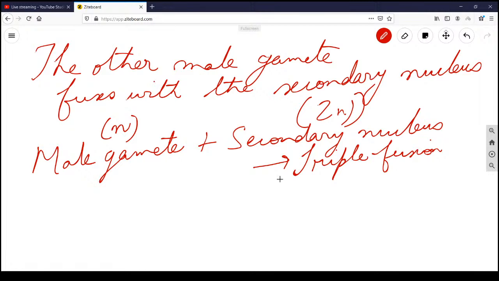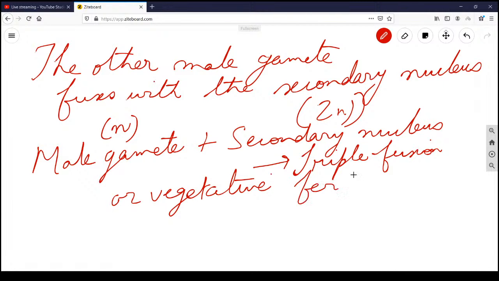Also, it is known as vegetative fertilization, because it doesn't produce a functional zygote. This forms a triploid primary endosperm nucleus.